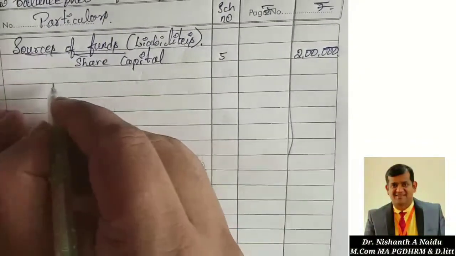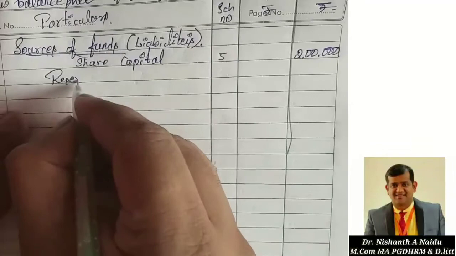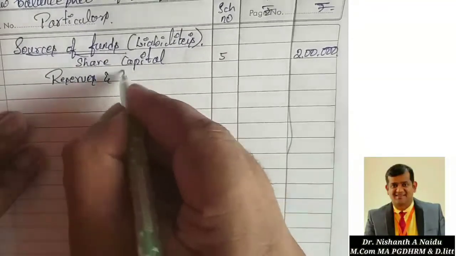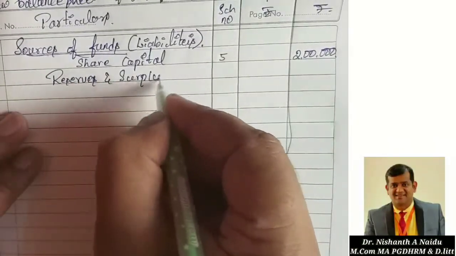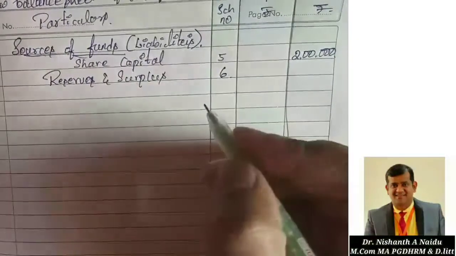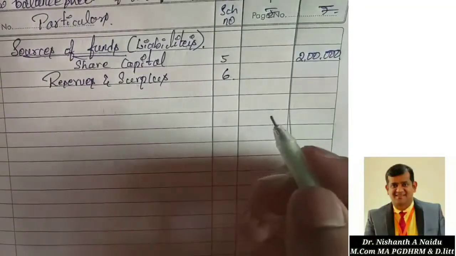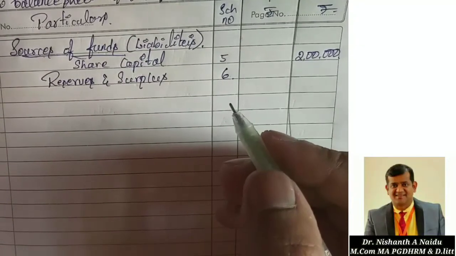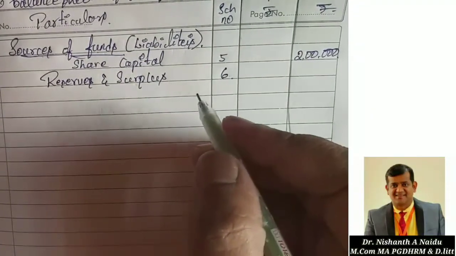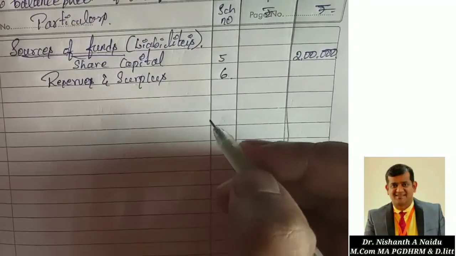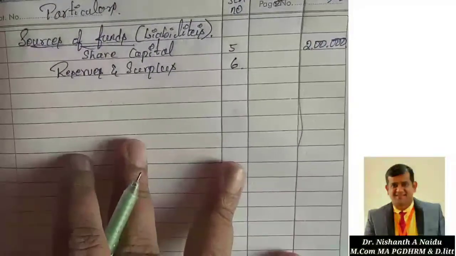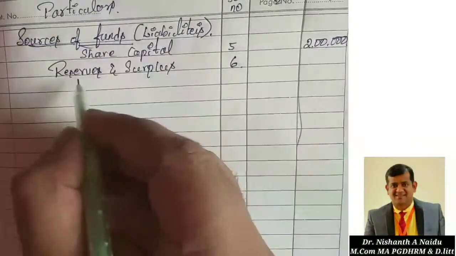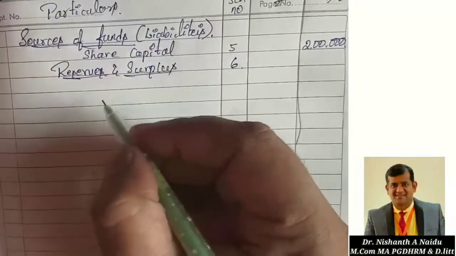So next you have reserves and surplus, schedule number 6. In that I have already told you, any fund, that kind of item, if it is there in the problem, for sure that will come. So we have what fund? Life fund, right?